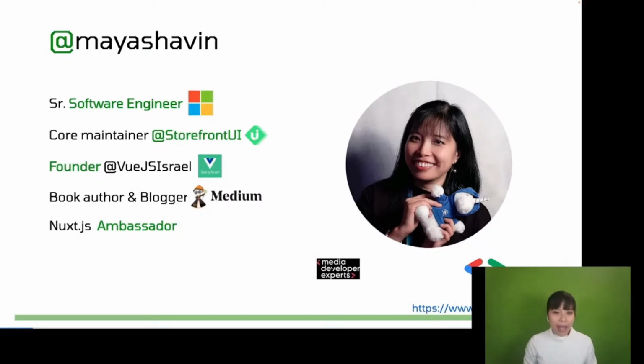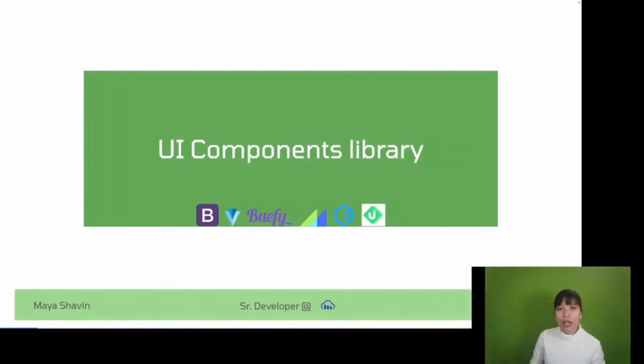I'm also a Nuxt ambassador, a Google developer expert. A lot of people ask me where I'm originally from, so I need to put it inside: I'm from Vietnam originally, and I've been living in Israel for almost a decade. You can always follow me or reach out to me on Twitter or GitHub at Maya Shavin, or on my website, mayashavin.com.